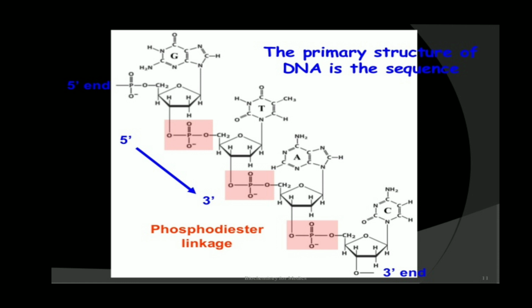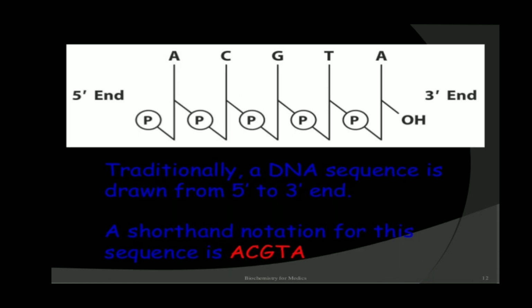to show how there is a linkage between these two different kinds of monomers of DNA. There is a phosphodiester linkage between the two different monomers, which runs from the 5' end to the 3' end.